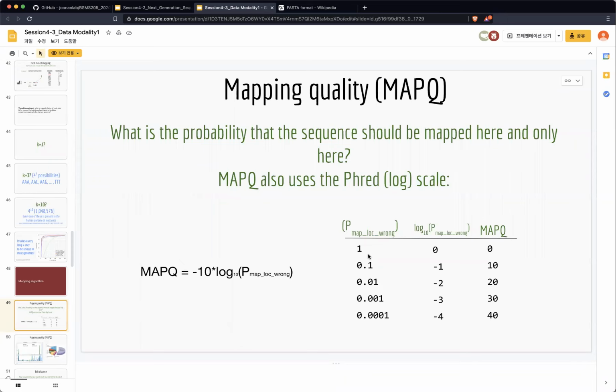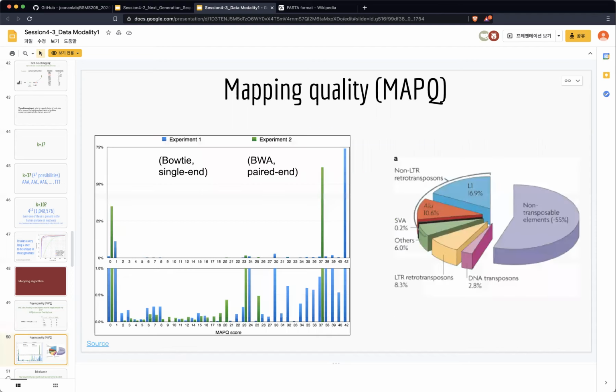FASTQ quality score. So now you have 2 quality scores in your same information, right? Okay, and this mapping quality differs by algorithm, differs by software, and differs by experiment as well. So here we use 2 experiments, right?